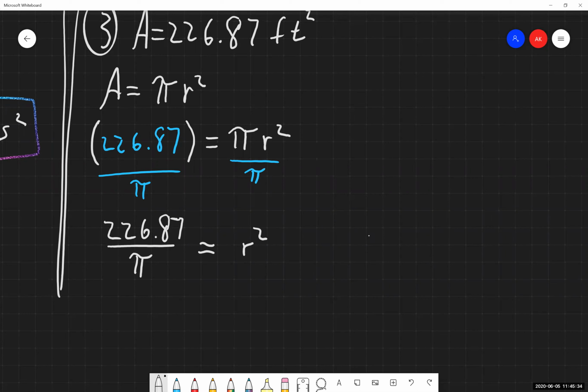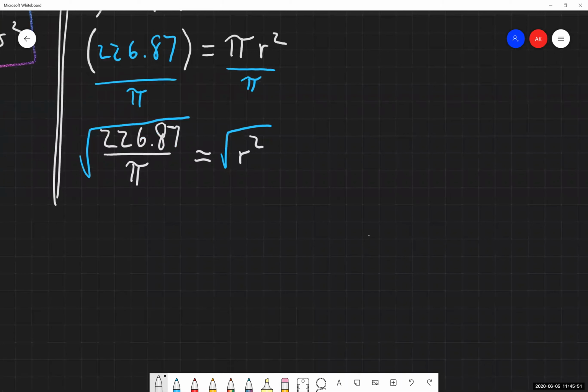So we need to undo that exponent. The way we undo that exponent, especially with the 2 there, we're going to take the square root of both sides. So take the square root of the right side, take the square root of the left side, and this whole square root that we have written out on the left side here, that is what we're going to plug into our calculator, and I'll show you guys how to do that.